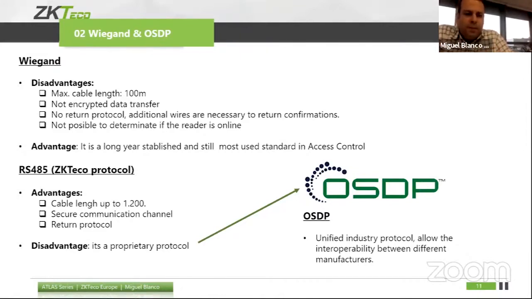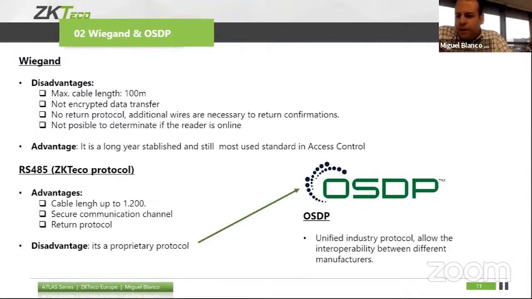But there was a big disadvantage with RS-485 because it's a proprietary protocol. It means that every manufacturer is using its own protocol. So if I have a reader from manufacturer A, it will not work with a controller from manufacturer B, because the protocol is not the same. OSDP is bringing the solution for this.